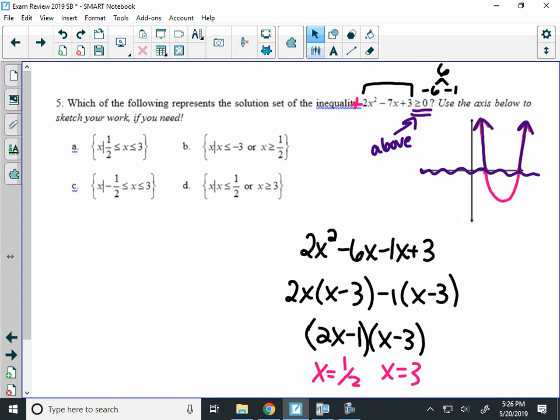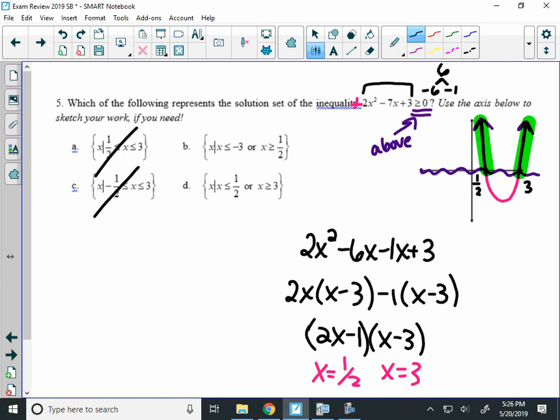Because I have 2 parts of my graph that are highlighted, I can cross off A and C because that's only one compound inequality. B and D, then I just have to make sure my numbers are in the right order. Well, the 1/2 is on the left and the 3 is on the right. So I want all the x's that are less than 1/2 and greater than 3, which looks like option D.